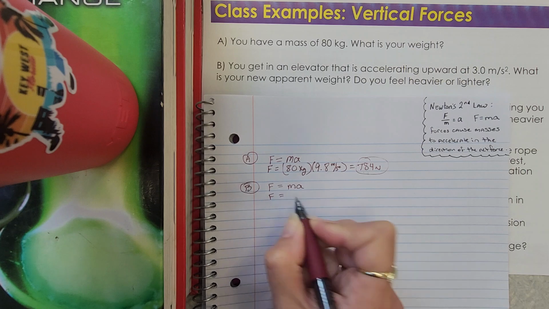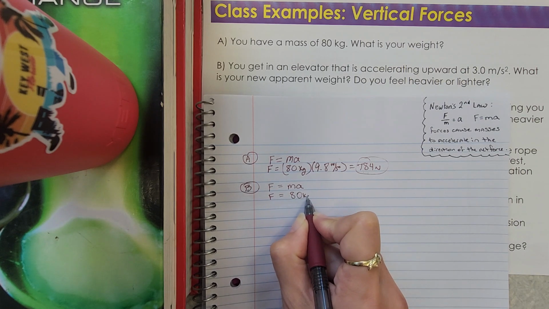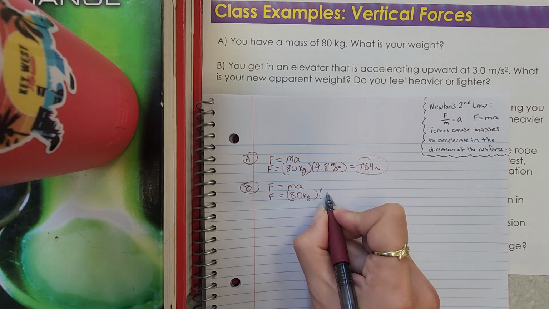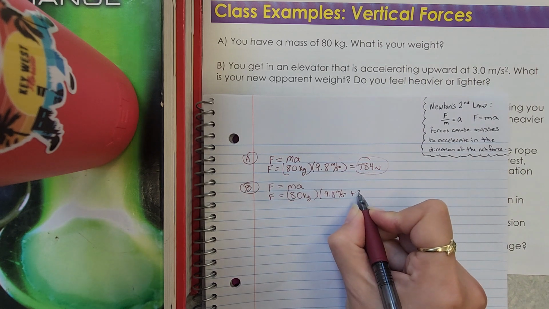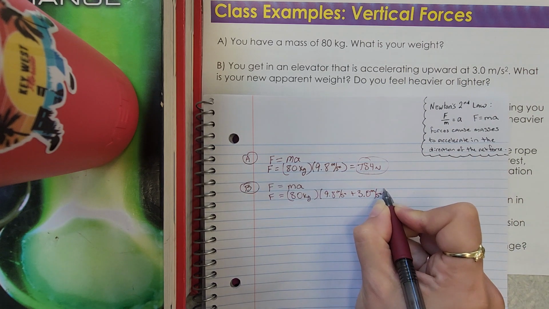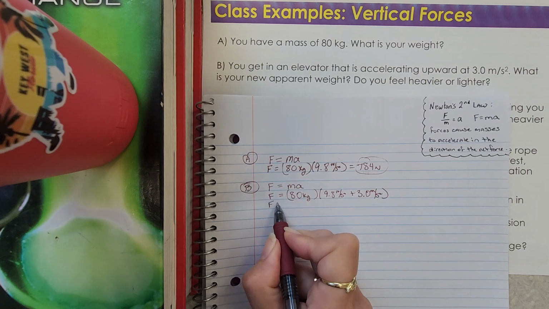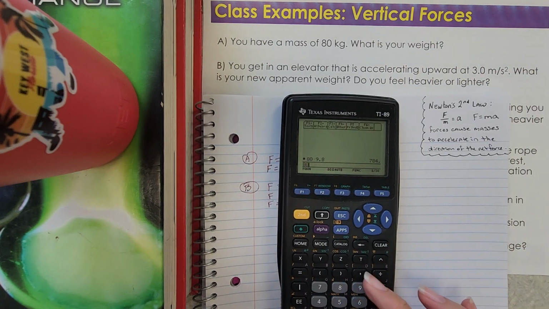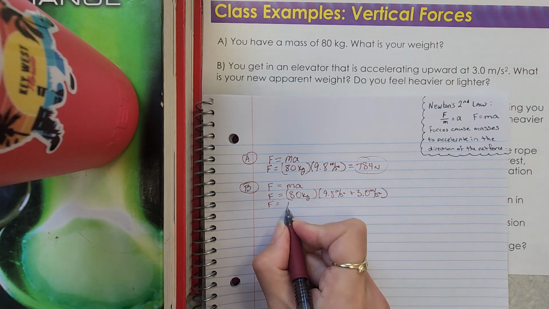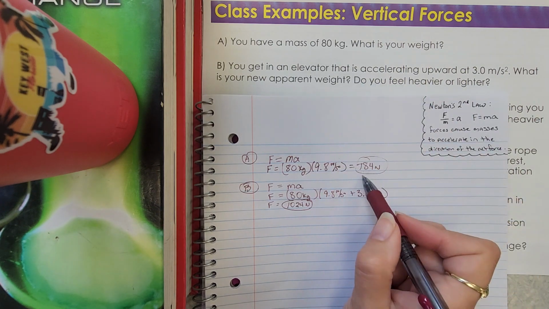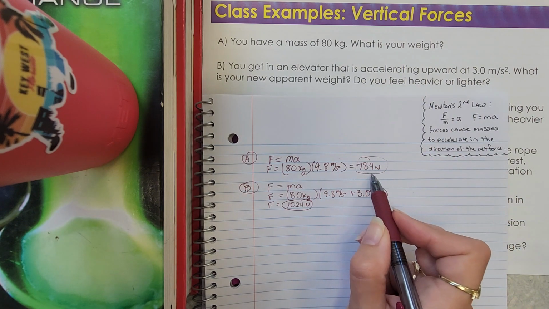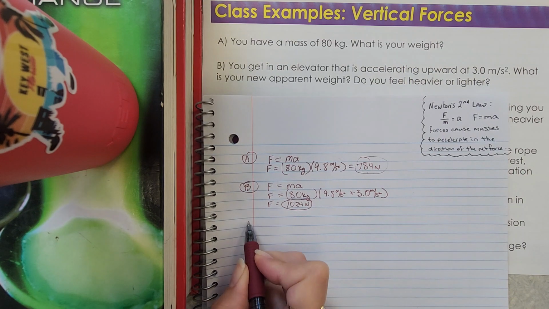So we're going to take force equals your mass, 80 kilograms, times a new acceleration, which is 9.8 plus the 3.0 acceleration of the elevator. We get 1024. So when the elevator accelerated upward, we went from 784 newtons to 1024 newtons.